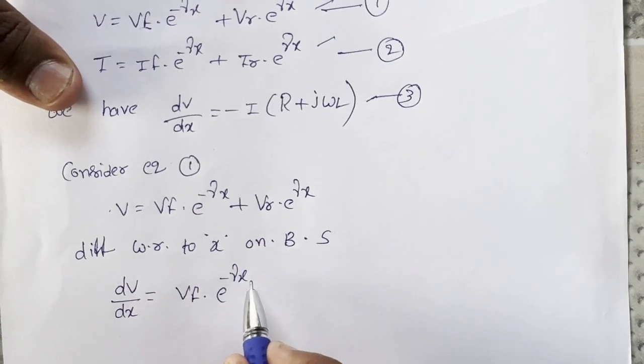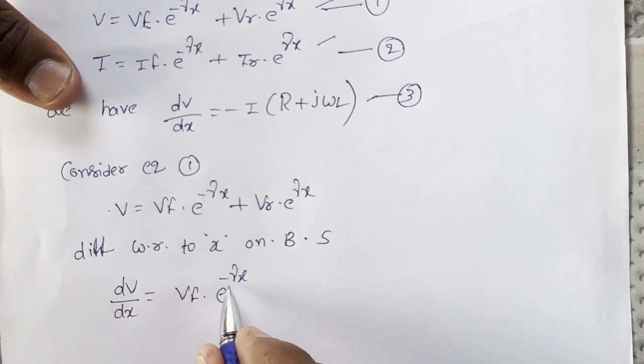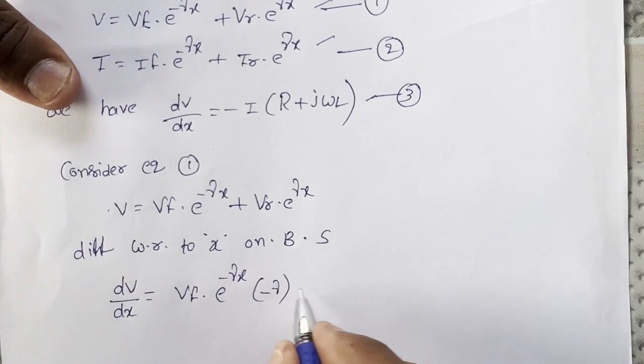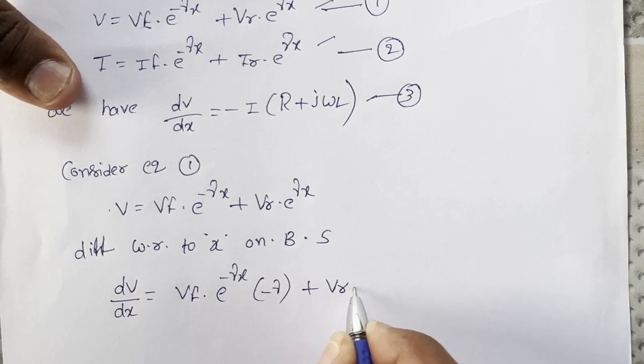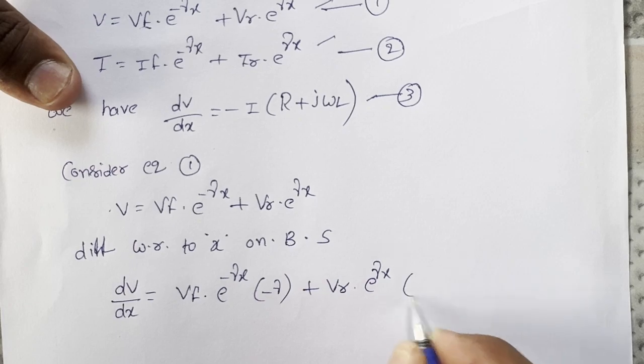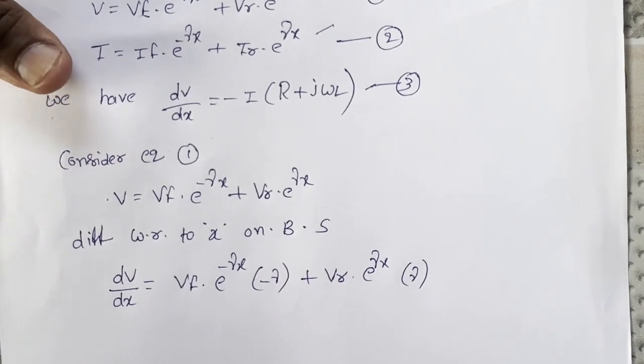We are differentiating with respect to x, so the multiplicand of x, minus gamma, comes out, plus as usual Vr into e power gamma x. Here the multiplicand of x is gamma, so gamma.